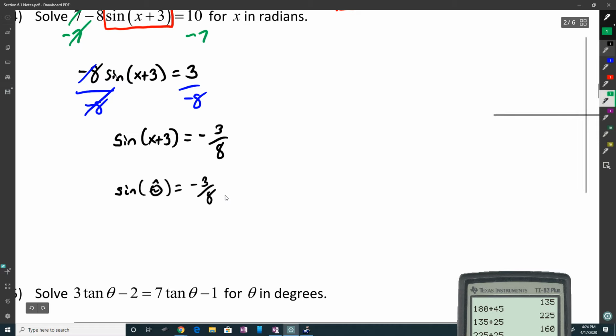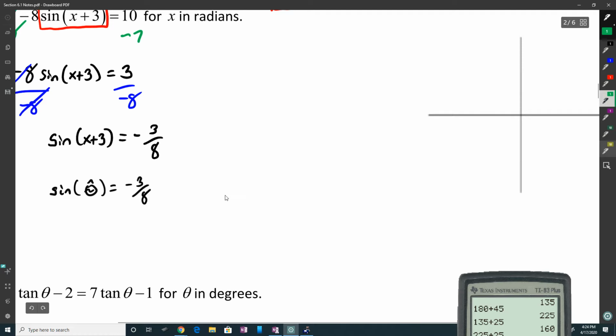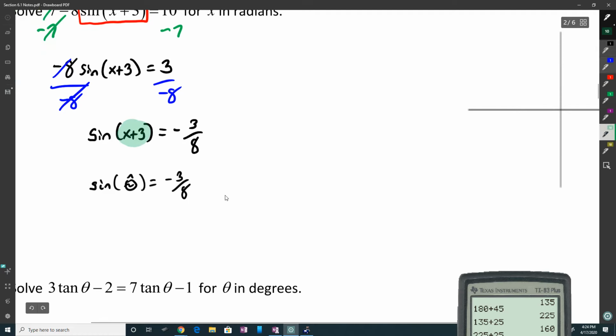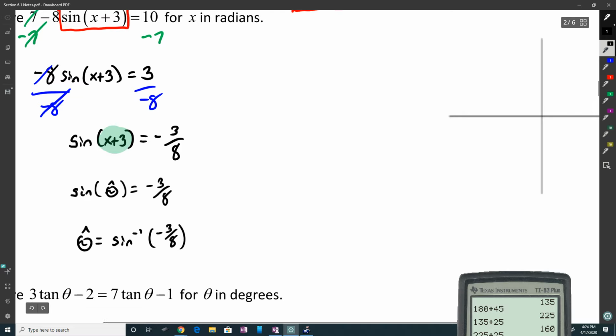We're going to hide this for now, but when I get my two answers over here, then I'm going to bring the x plus 3 back. For now, it's just the inside. And so I'm going to do inverse sine of negative 3/8.